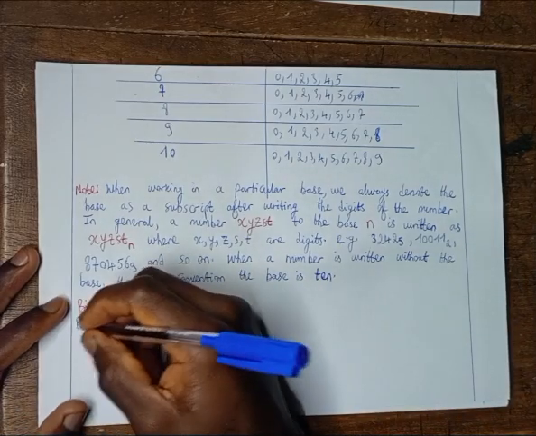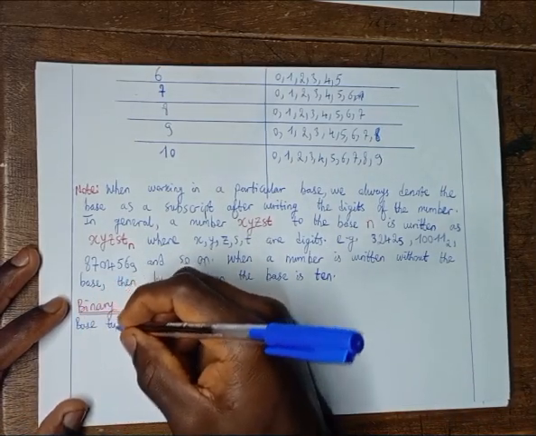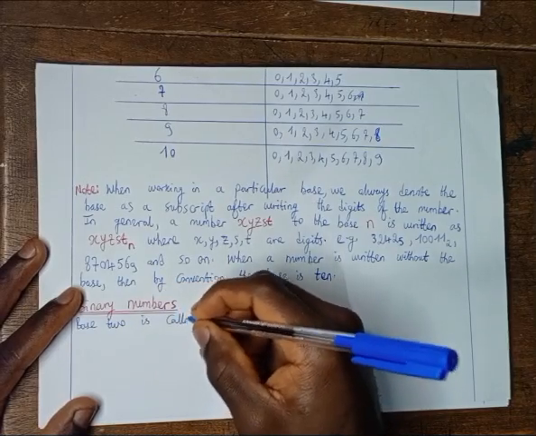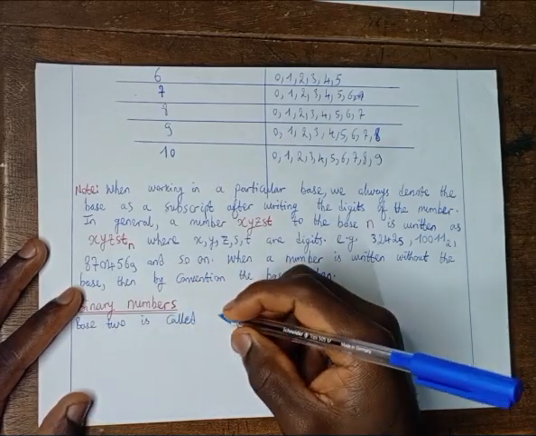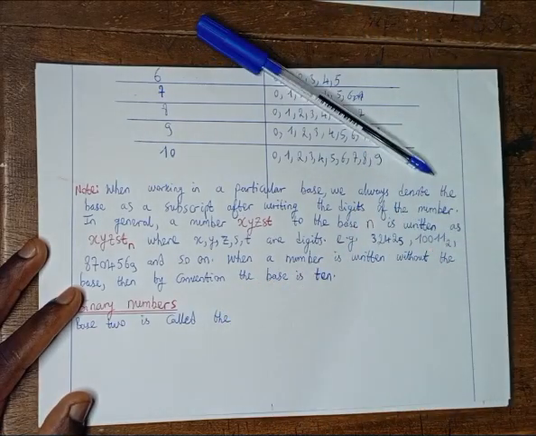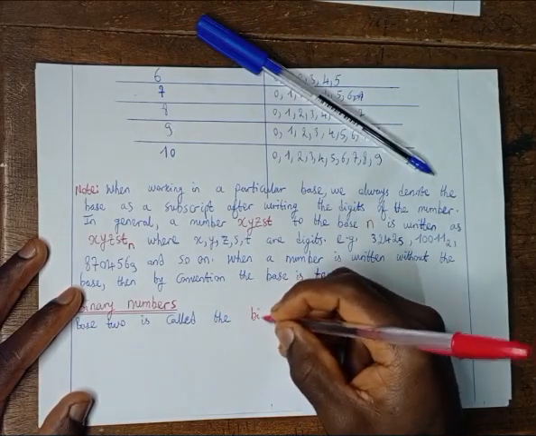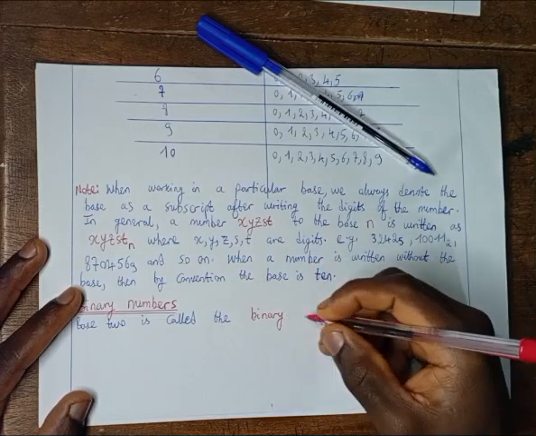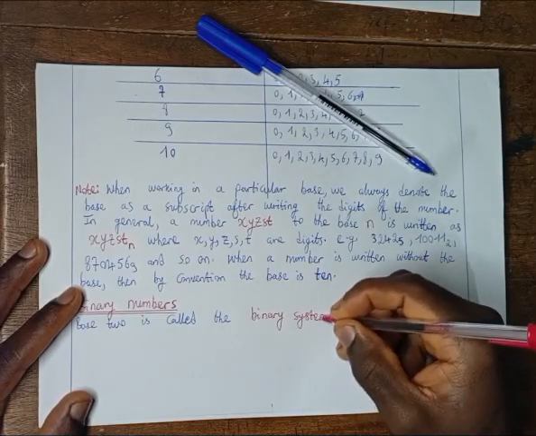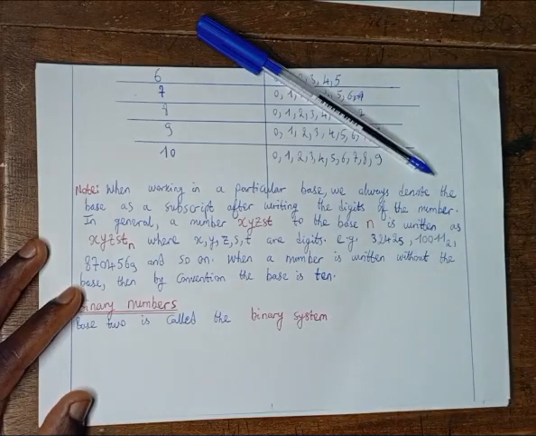Base 2 is called the binary system. In base 2, we make use of 2 digits, 0 and 1.